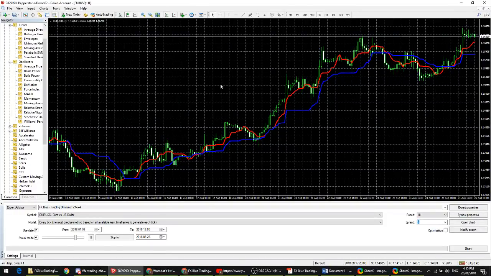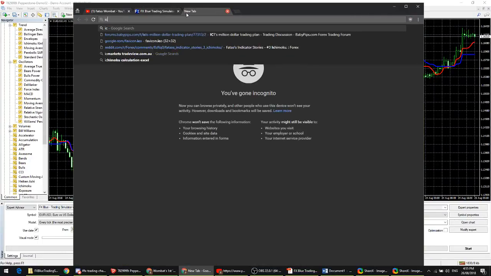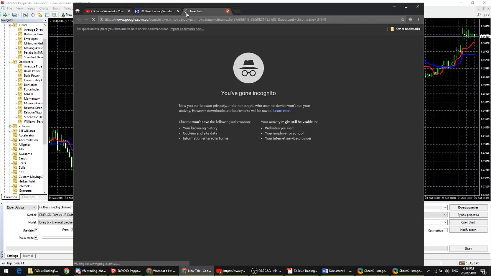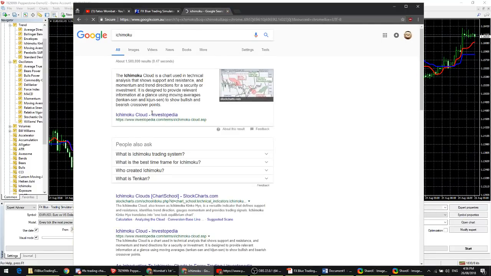Alright, so what these do is find the, actually let's look it up so I don't bullshit you. How do you spell it? Ichimoku. Here we are, Ichimoku.